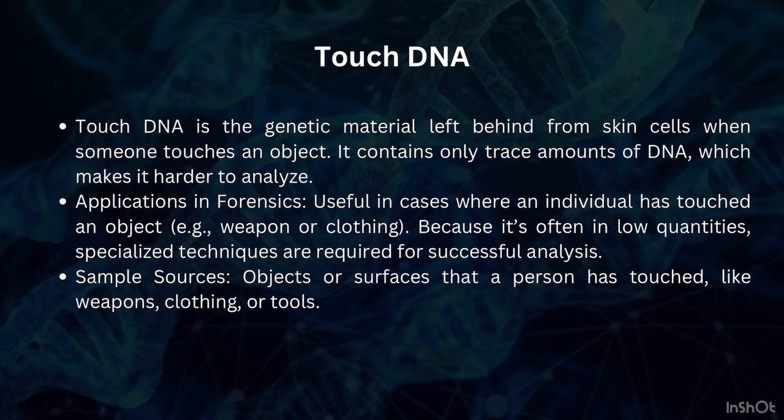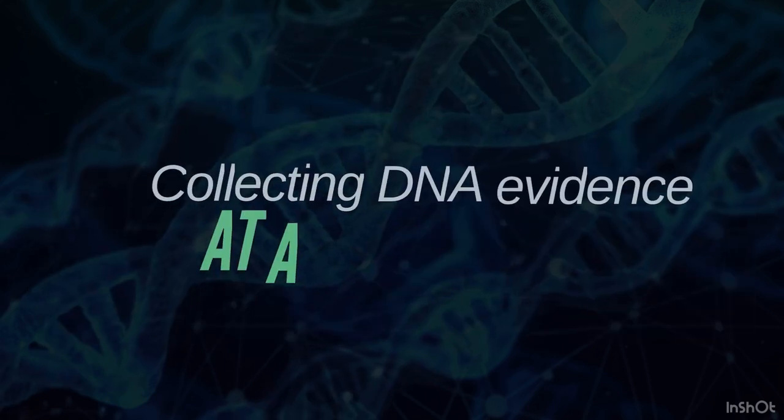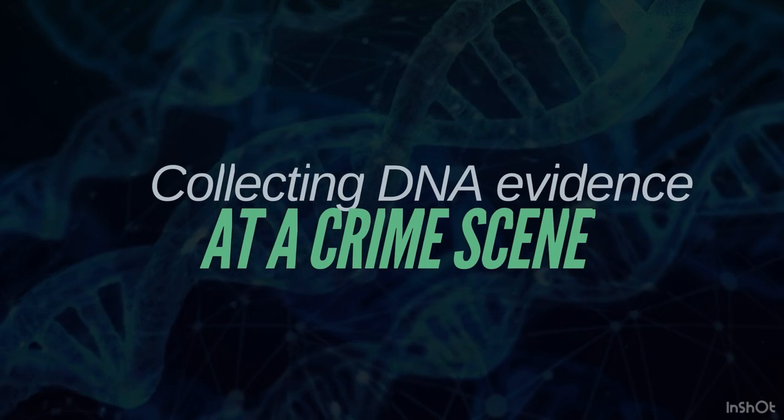Because it is obtained in low quantities, specialized techniques are required for successful analysis. Sample sources: an object or a surface that a person has touched, like weapons, clothing, or tools. Now, move to the next slide, collecting DNA evidence at a crime scene.